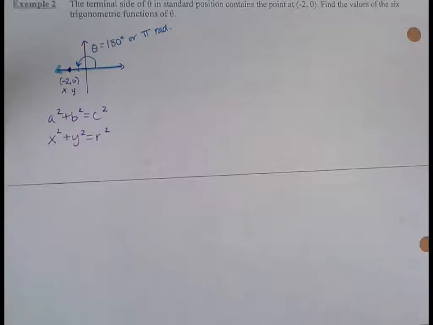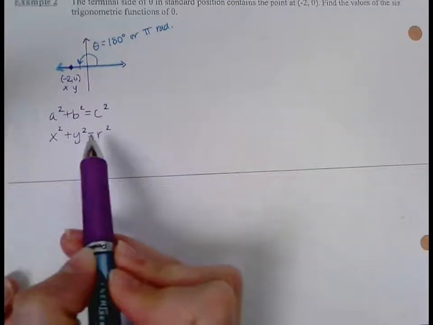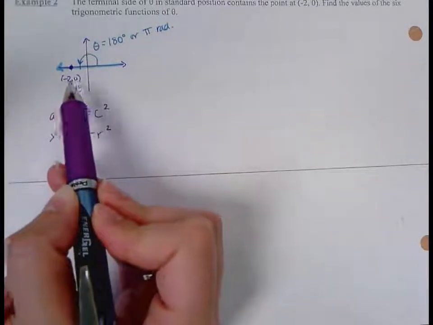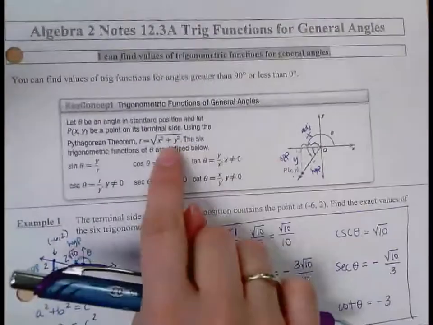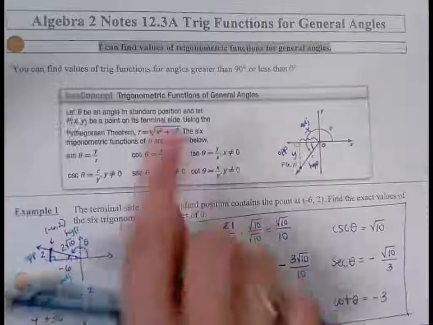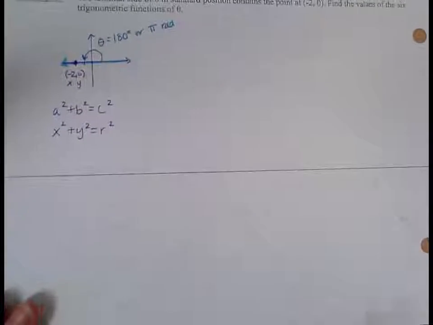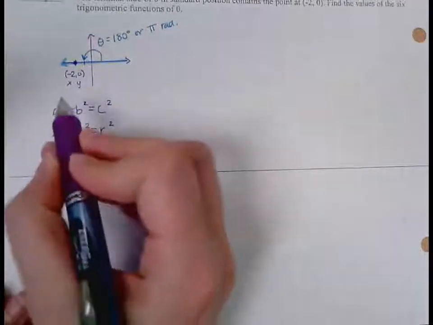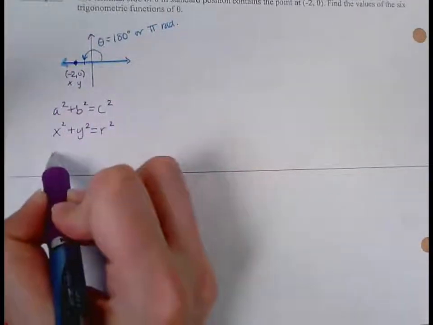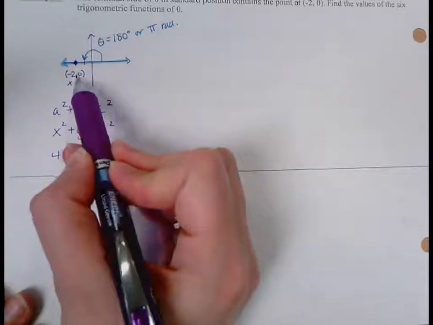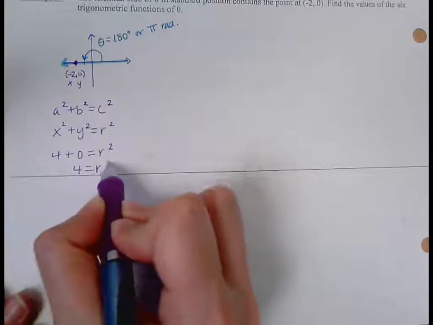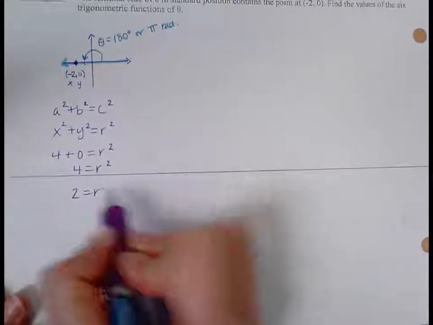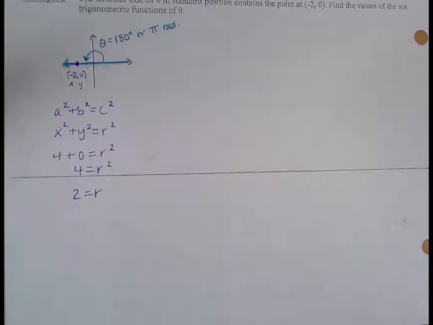It's the radius if you actually drew a circle through your point. So I could find r by squaring both my x and my y coordinates, adding them together, and taking the square root. That's where this formula is coming from. So again, just the Pythagorean theorem. My r would be: x squared is negative 2 squared, so that's 4, plus y squared is 0. So r squared is just 4, meaning r is 2. R would be positive 2.